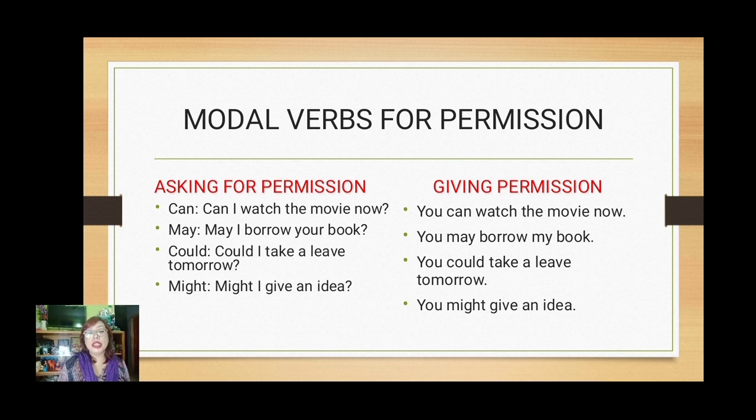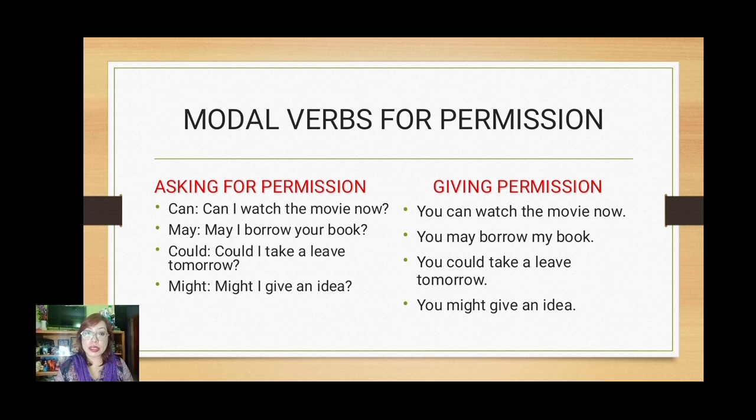And basically it is used for asking permission. It is used to show ability as well. So we have seen two forms of modal verbs, that is modal verbs for permission and modal verbs of ability, where we have seen the use of can and could.